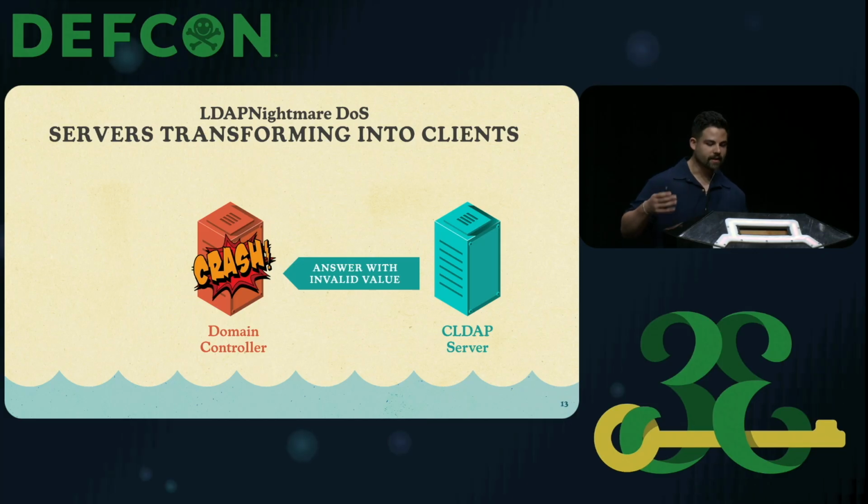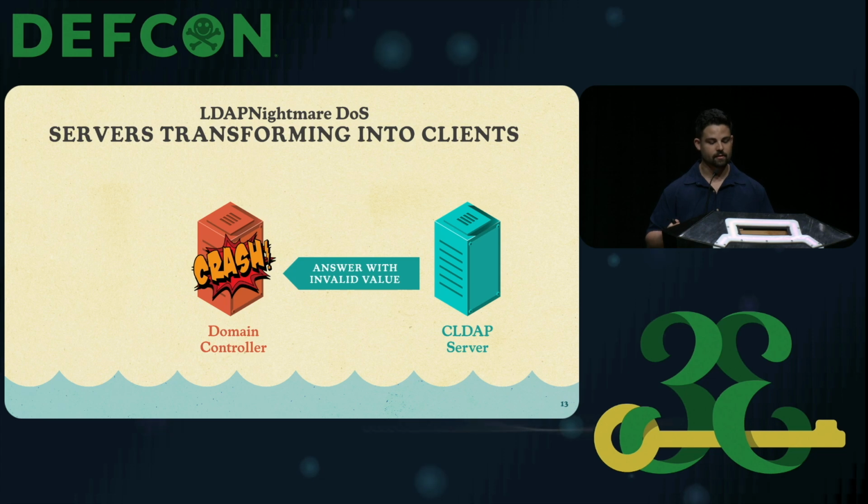The rest of the exploitation chain of this vulnerability, after the domain controller became our CLDAP client, was returning a simple invalid value from the CLDAP server to the CLDAP client, which was the victim domain controller. This caused the LDAP client to crash, which led the entire machine to crash as well.